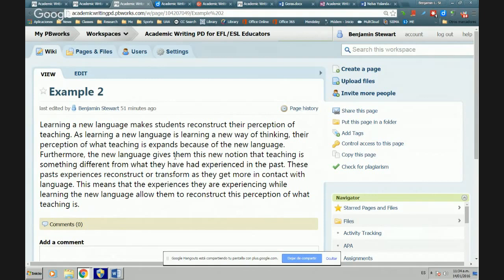I would say that here you need some kind of evidence because there's no source. For example, the first one is the topic, learning a new language makes students reconstruct their perception of teaching.